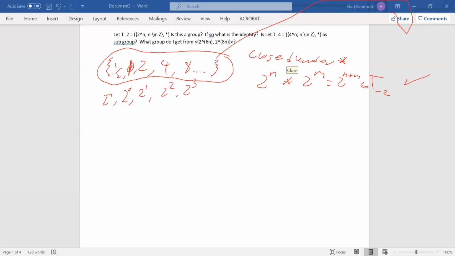Okay, cool. Does it have an identity? Well, what is the normal multiplicative identity? It's 1, or 2 to the 0 here. So identity works. Does it have an inverse?